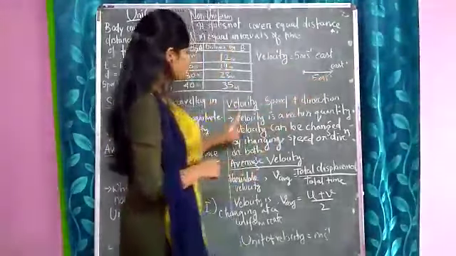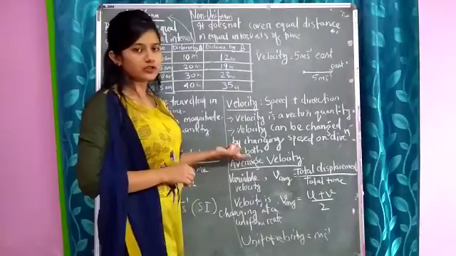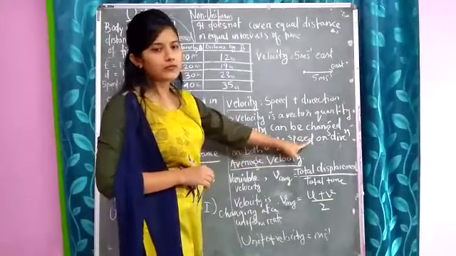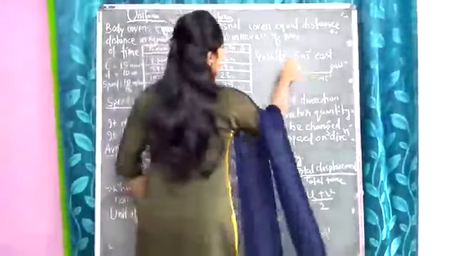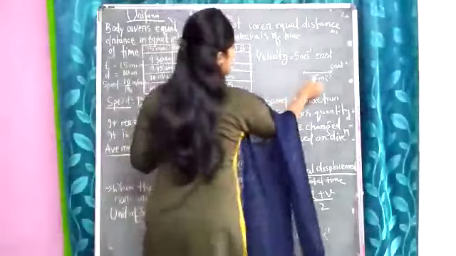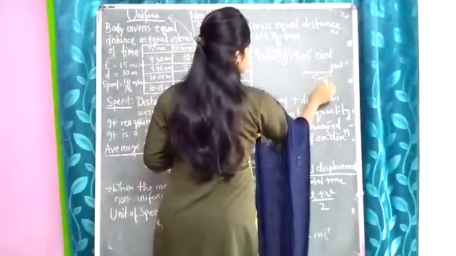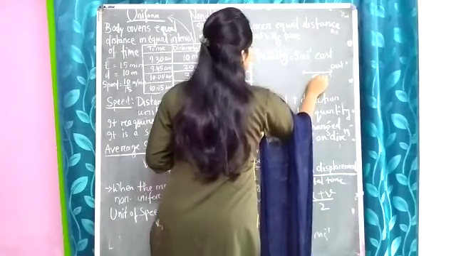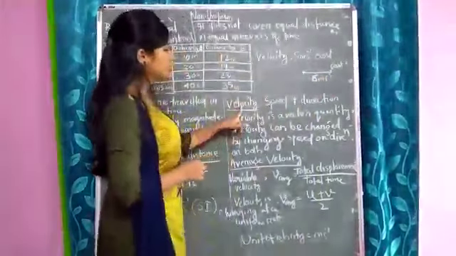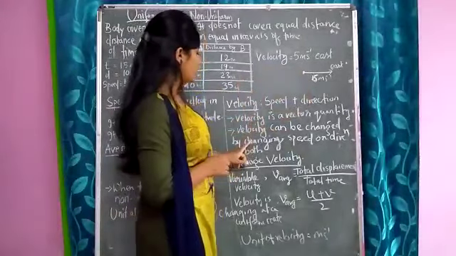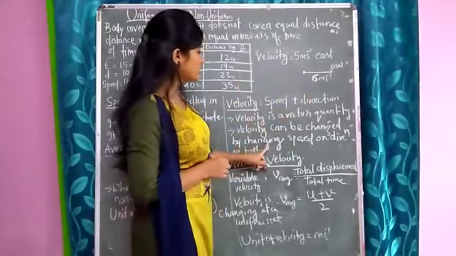Velocity can be changed by changing speed. Suppose the body's speed increases, so after some time it becomes 6 meter per second. So the velocity changed due to the changing speed.